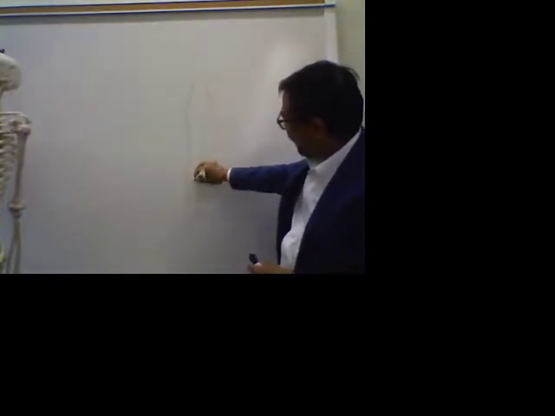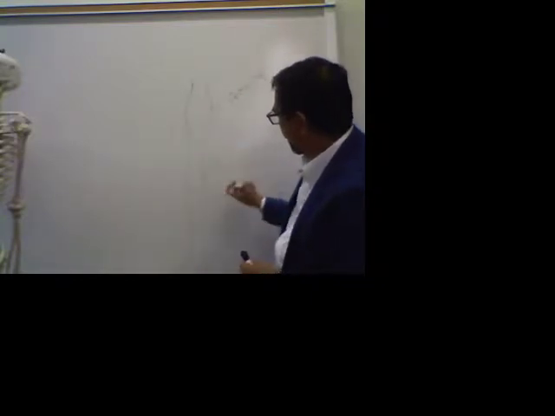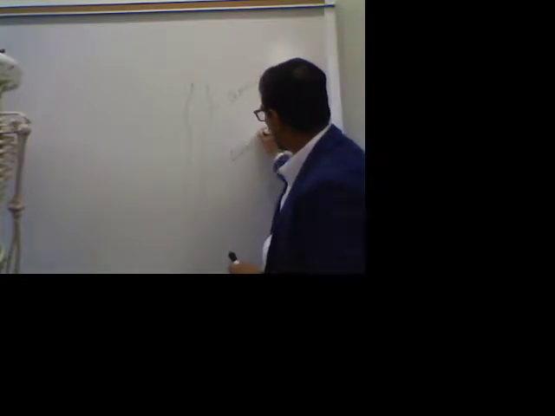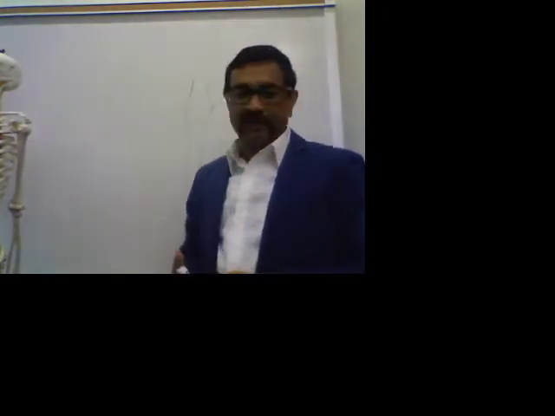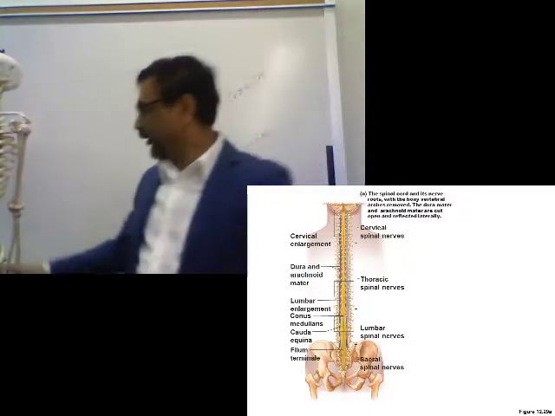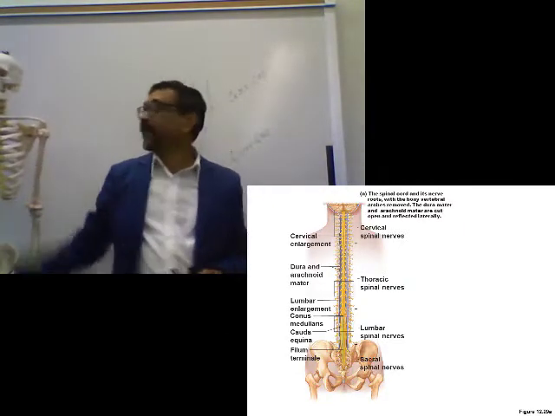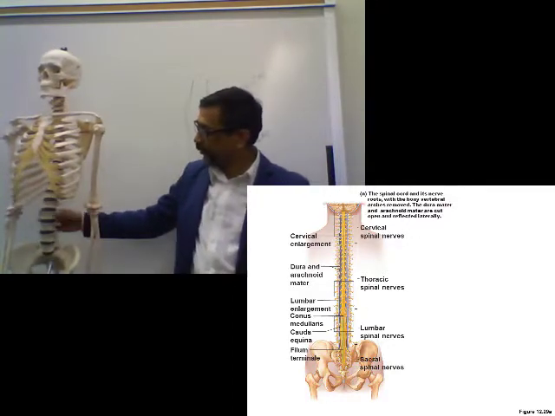One is called cervical enlargement and another is called lumbar enlargement. So in two locations the spinal cord is wider or expanded. Those are called the expansions, where one is in the cervical part here in the neck and one is in the lumbar part. Okay, in these two locations the spinal cord is expanded.